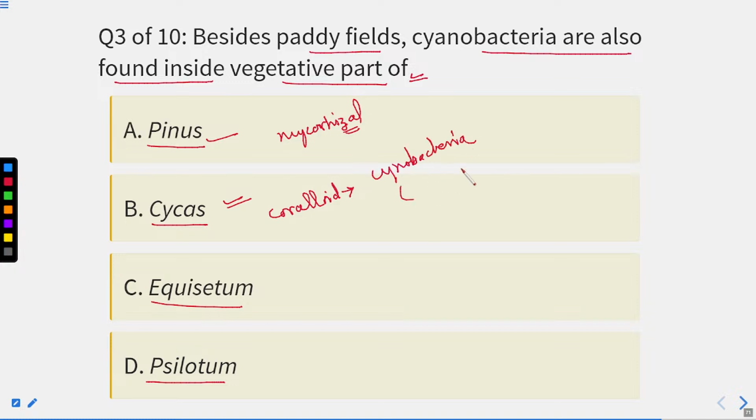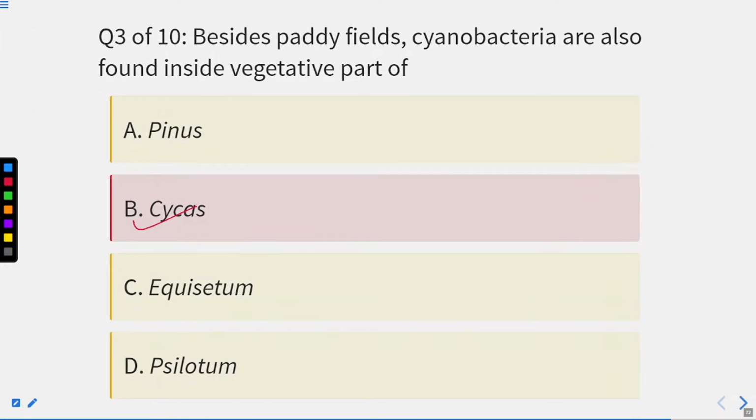Cyanobacteria, for example, Nostoc and Anabaena. So this is a very, very important point. Equisetum and Salvinia, these are the two pteridophytes and they do not have cyanobacteria in their vegetative part. So the correct answer is Cycas.